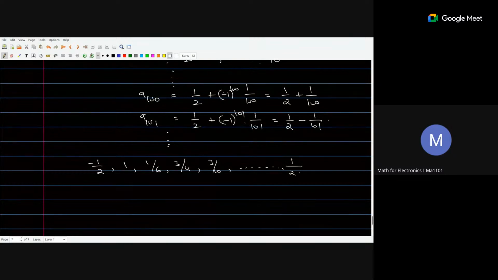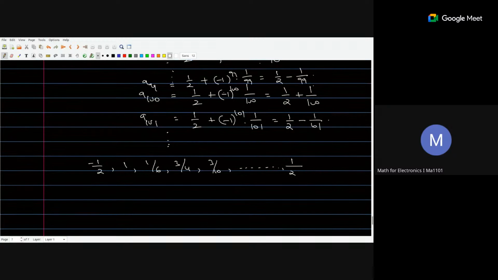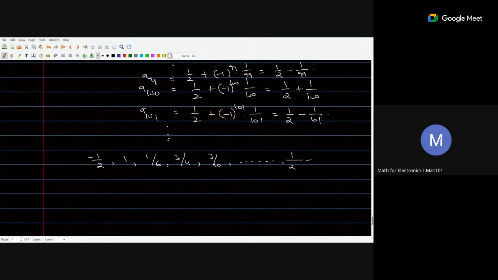At some point it is half. So the before term, a99, is half plus (minus 1) whole power 99, divided by 99. This will be half minus 1 by 99. Okay, this will be like this: half minus 1 by 99, comma, half plus 1 by 100, comma, half minus 1 by 101.